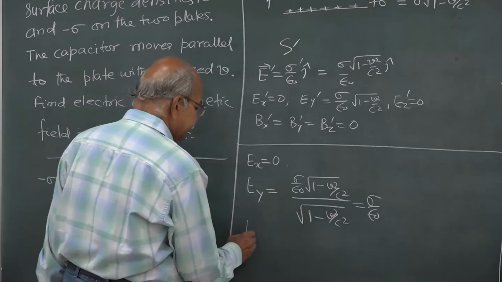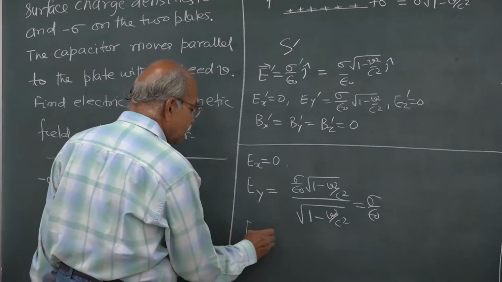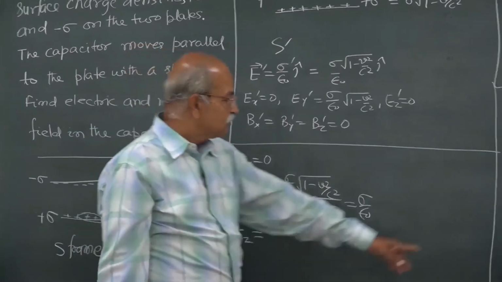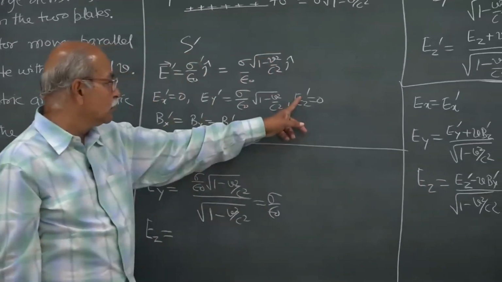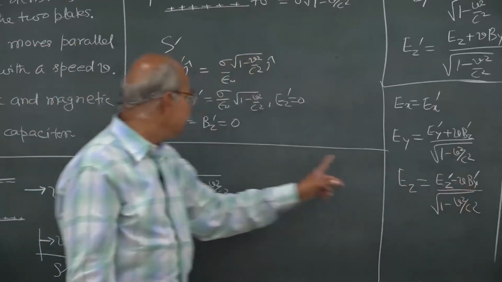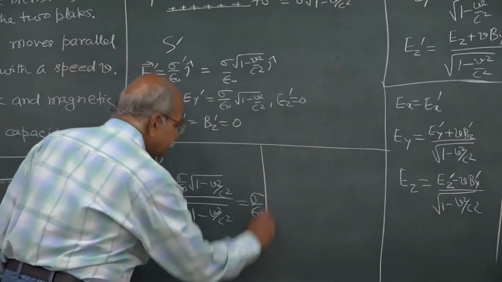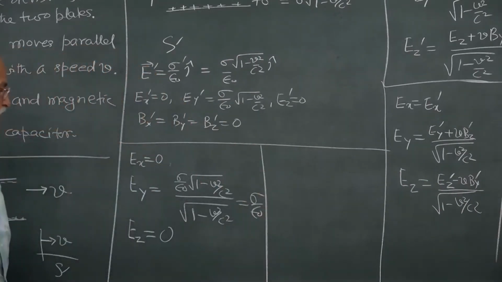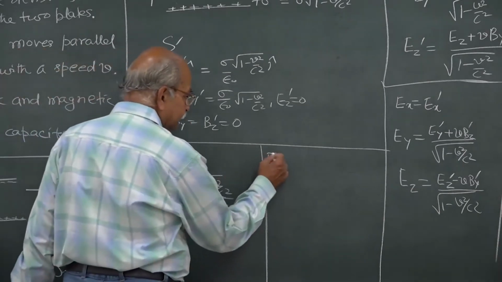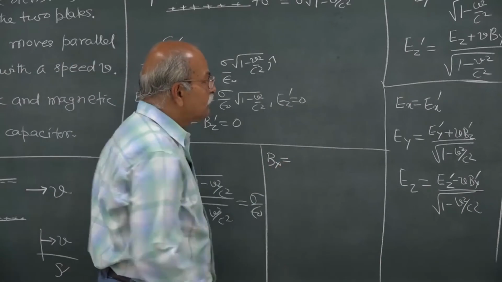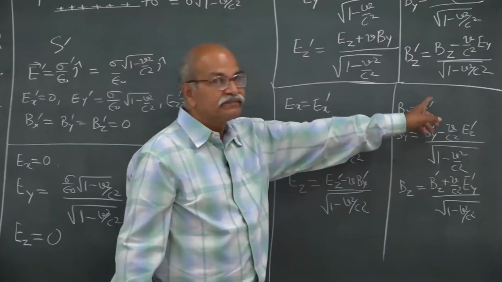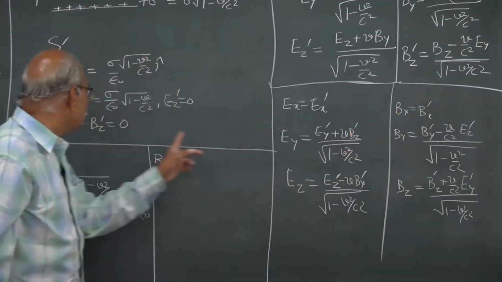Then Ez. Ez will be Ez prime 0, By prime 0. So Ez is 0. Then come to the magnetic field, Bx. Bx is equal to Bx prime, and Bx prime is 0.